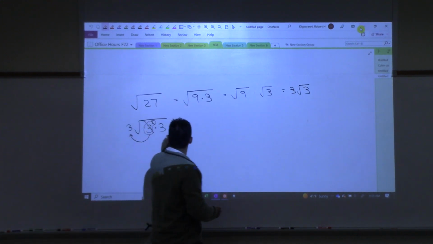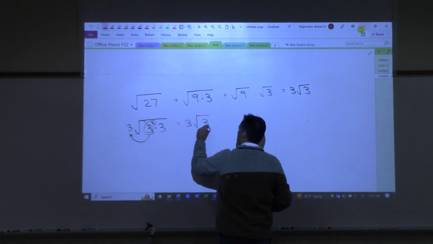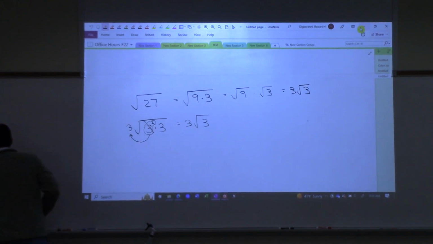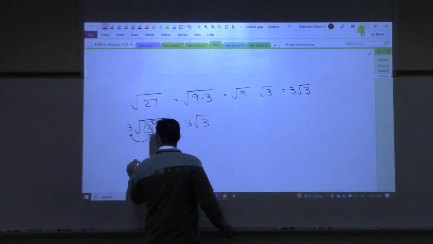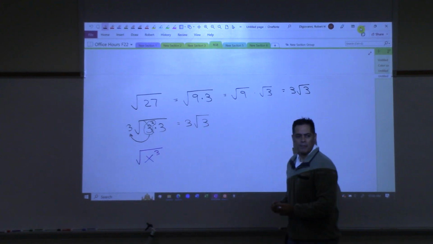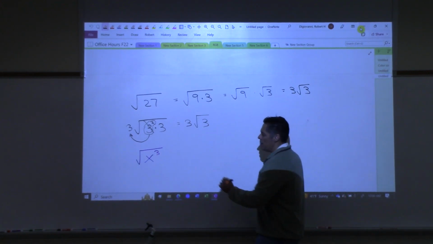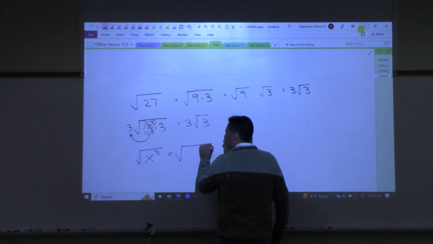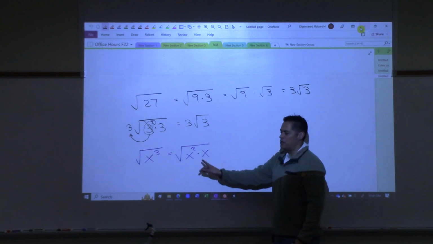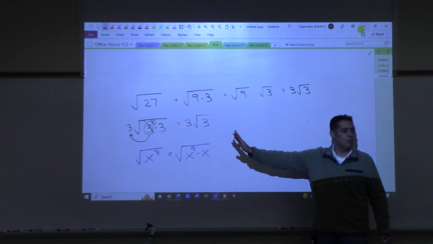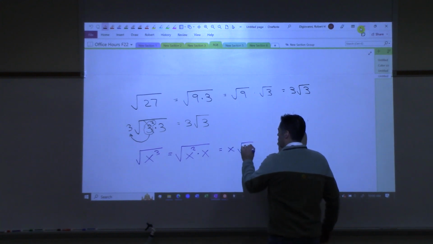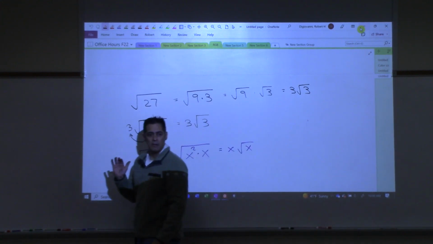So it becomes 3 on the outside, root 3. I'll give you another example underneath that so that we're clear. If you see the square root of x cubed, let's not use 3 anymore, another way you could look at that is the square root of x squared times x. And because you have an x squared, you can pull 1x out of the root. Any questions? We're good?